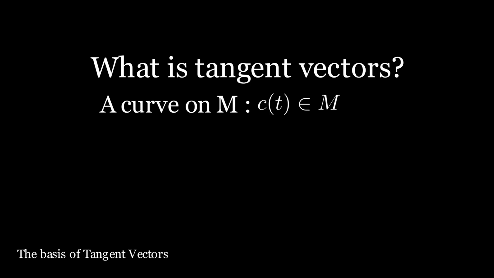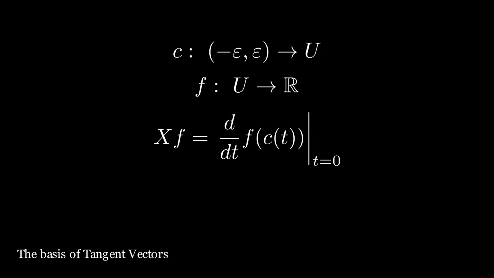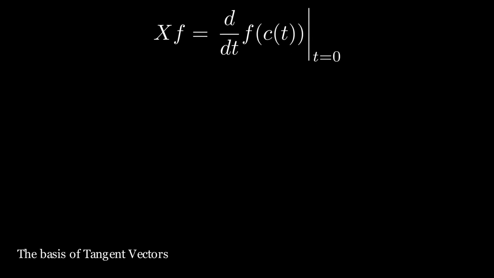Tangent vectors on an m-dimensional C^r differentiable manifold M can be defined as directional derivatives along a curve c(t) on M. Let's assume c(0) equals P, using a curve c from (-epsilon, epsilon) to U, where U is an open neighborhood of P, and any C^r class function f from U to R. We define a directional derivative X as follows. This means that the tangent vector X, when acting on f, returns the right-hand side.